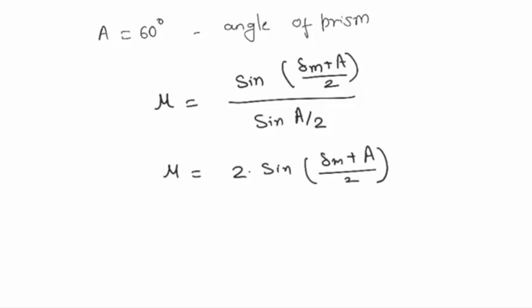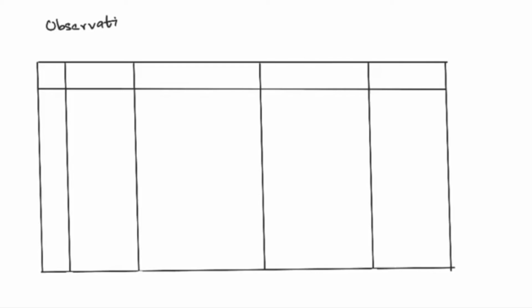So for every lambda, you will get a different delta m, and hence you will get a different mu. So for determination of this mu, we are going to make a table. Here we will be making two tables for this experiment. So this is first. So I will have my serial number, color.